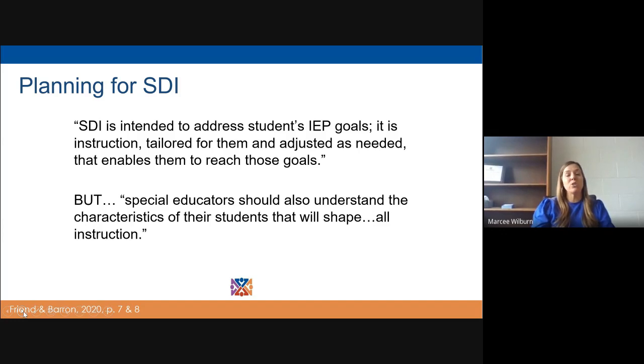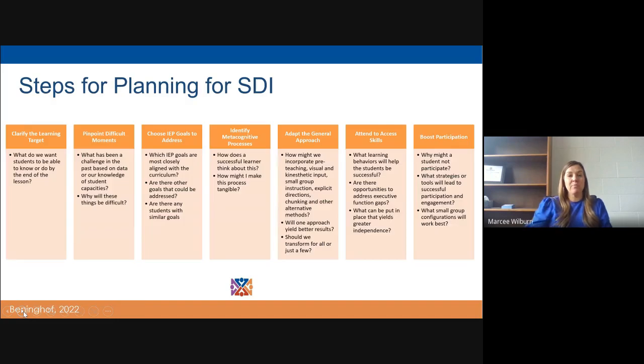And we help students make those connections and provide instruction that will benefit them throughout the curriculum across subject matter. So it's not an either or, it's an and both. We have to look at IEP goals and we have to look at the curriculum that students need to master.